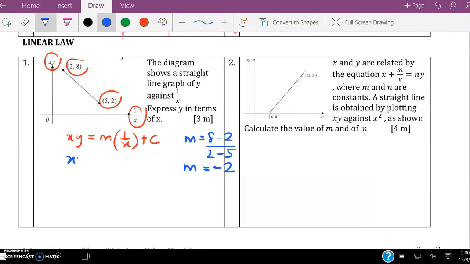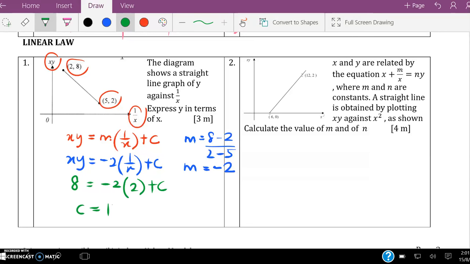So we substitute back negative 2 bracket 1 over x plus c, and then choose one of the coordinates on the diagram. I will choose 2, 8. 8 represents the y-axis, so 8 equals negative 2, and 2 represents the x-axis, so it's 2 plus c.